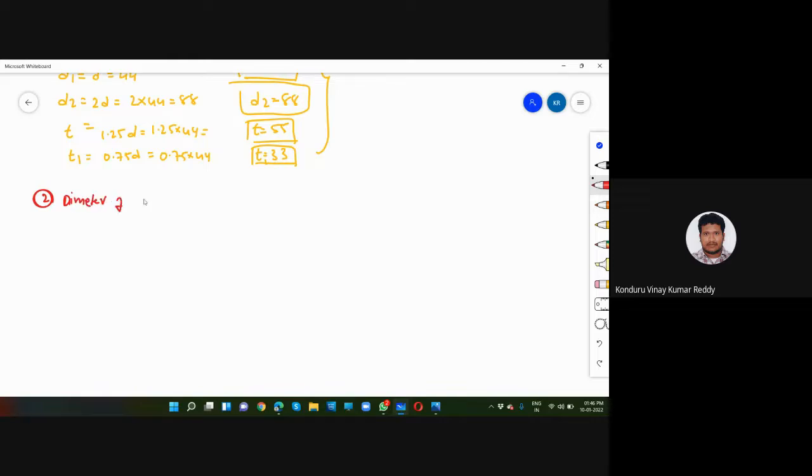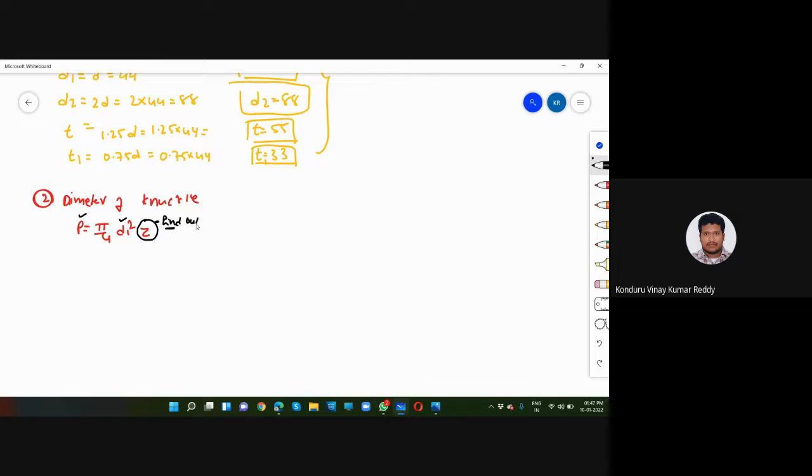For the diameter of the knuckle pin, we have a formula: P is equal to pi by 4 d1 square into shear stress. Here I know the P value and the d1 value, but I am going to verify my answer, so I have to find the shear stress.